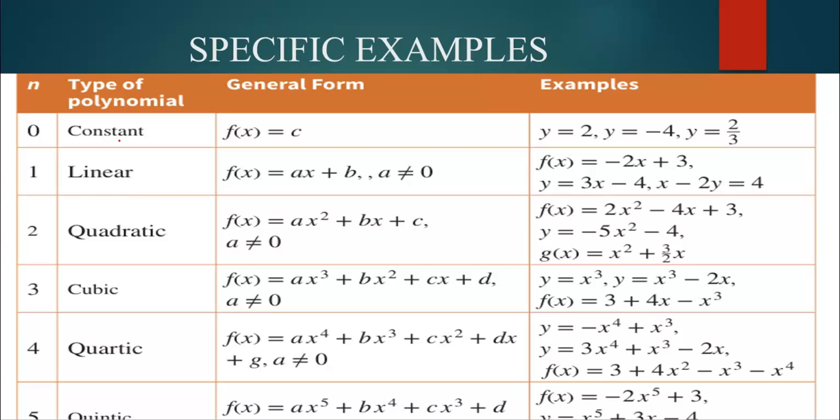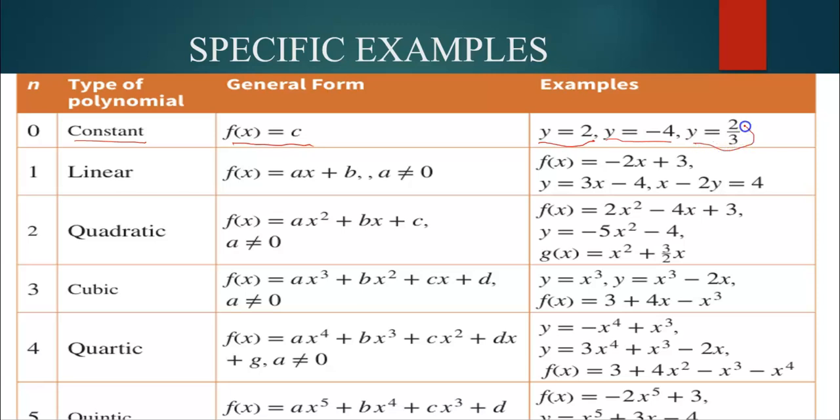So we can have a constant polynomial. A constant polynomial has a general form. A typical example is this: if we have y equal to 2, it's a constant polynomial. Y equal to negative 4 is an example of a constant polynomial.